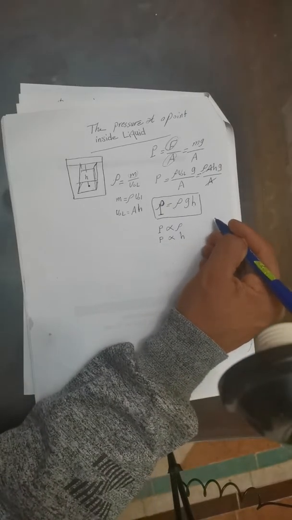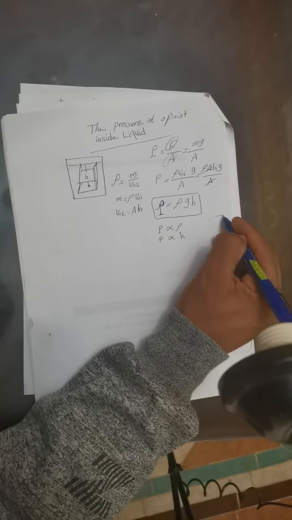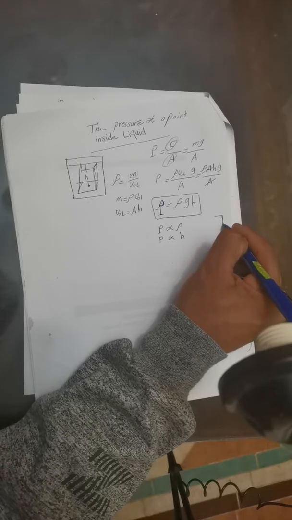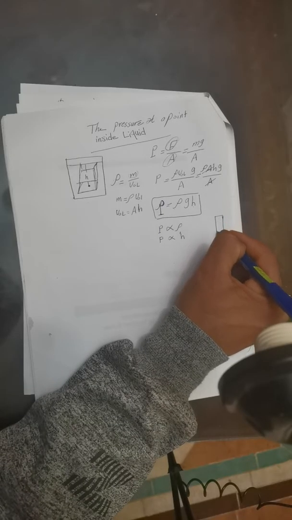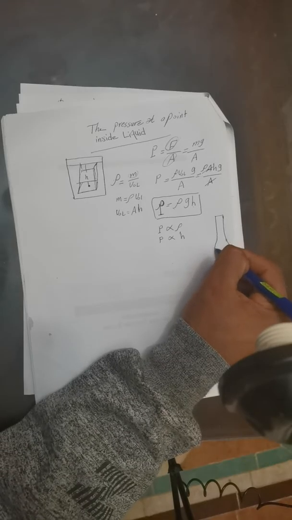So a high dam is built with its top less thick than its bottom.